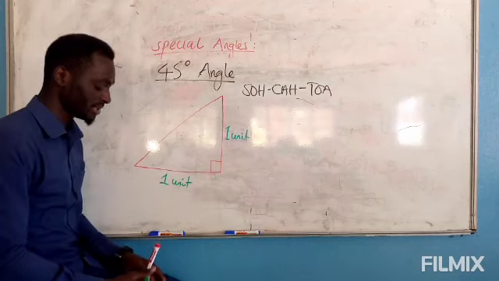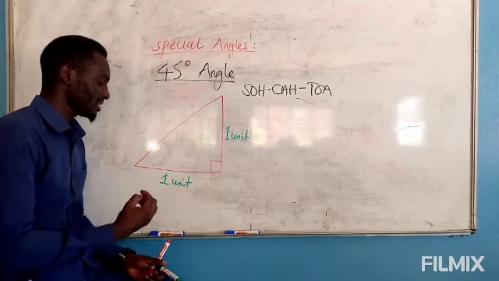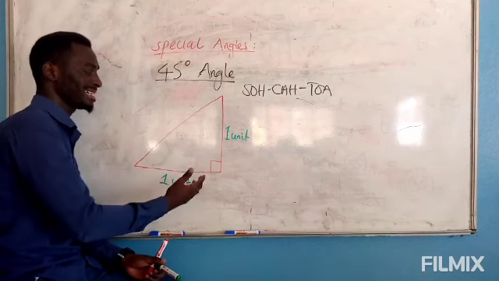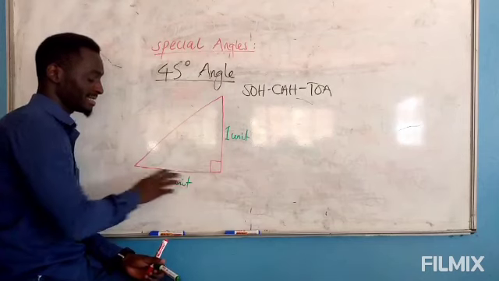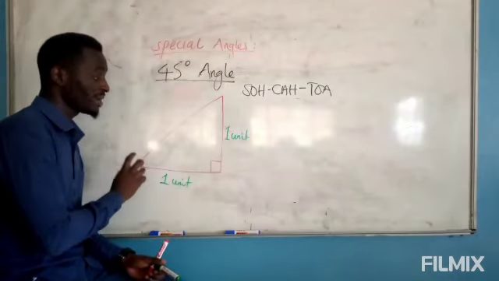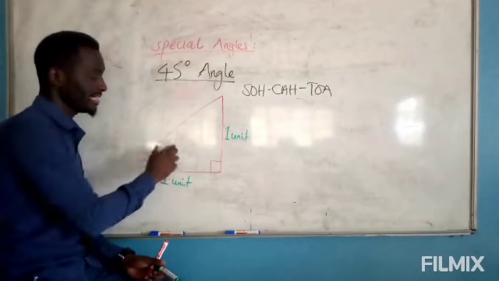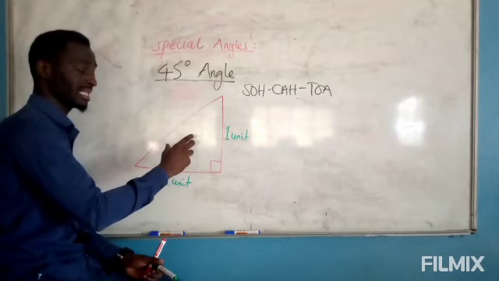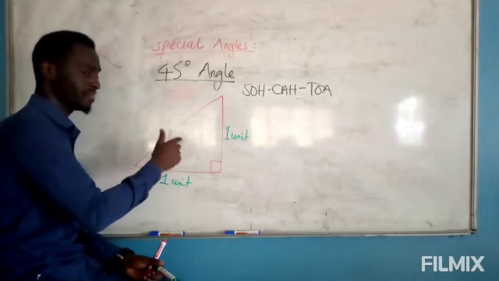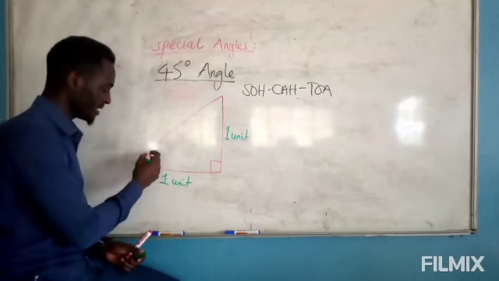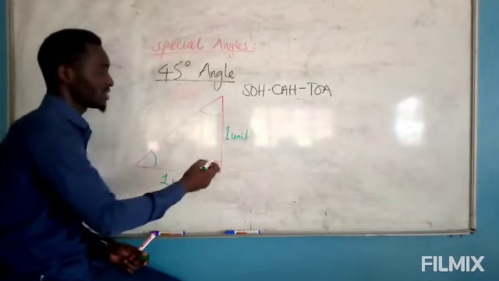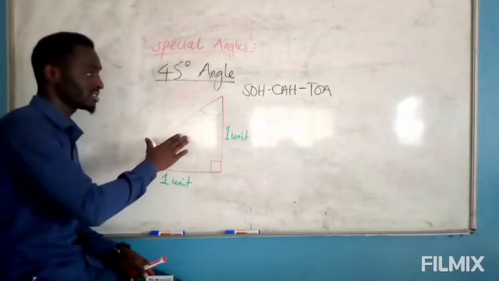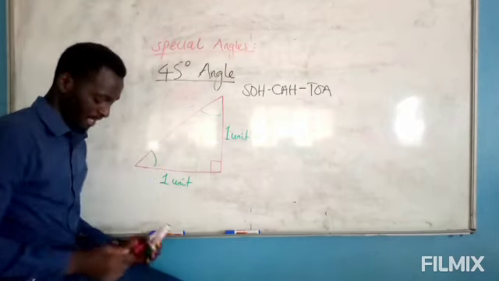It has a 90 degree angle, and since the two sides are given as 1 unit, this side and this side are of the same size, which tells us that this is a right angle triangle that happens to be an isosceles triangle. That simply means that this angle here and that angle here will be of the same size. In other words, the two base angles are equal.